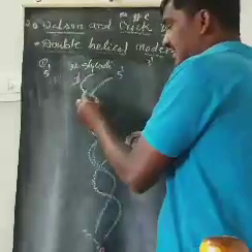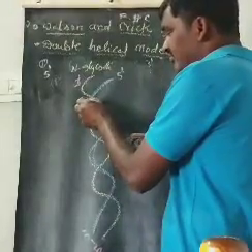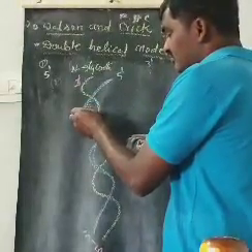So in this twisted DNA, each twist contains 10 nitrogen base pairs.